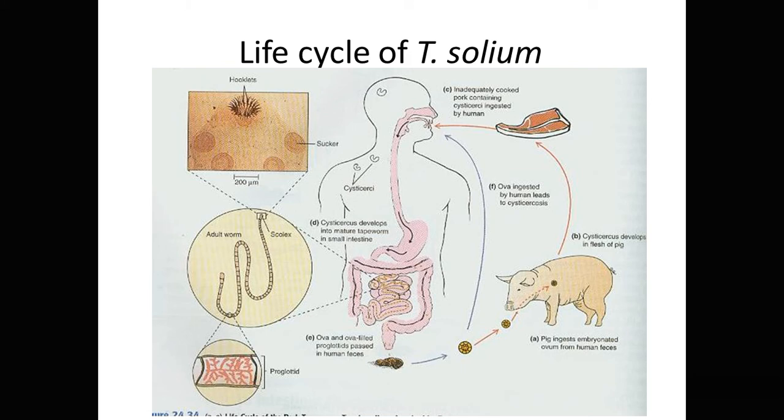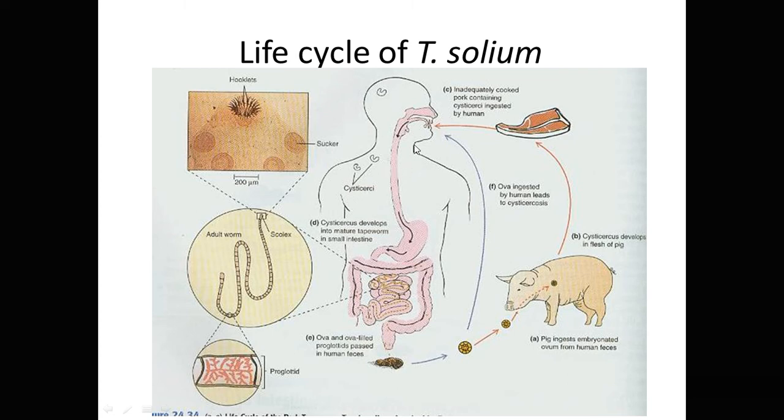Then the eggs can be consumed by the pig, and the egg turns into the larva, which burrows through the intestinal wall, moves to the blood, and can get stuck in different tissues, including muscle, which is then consumed by the human.